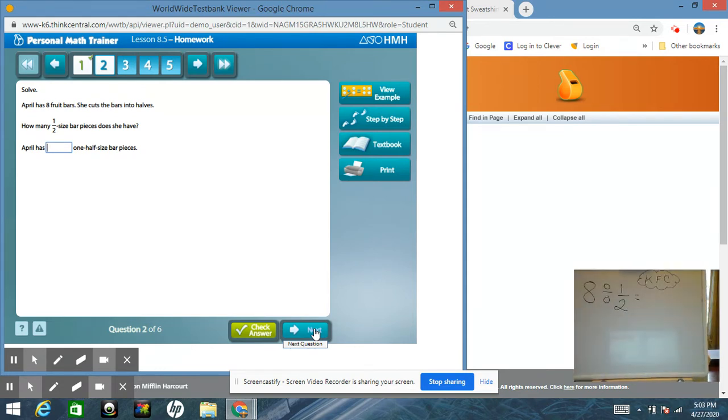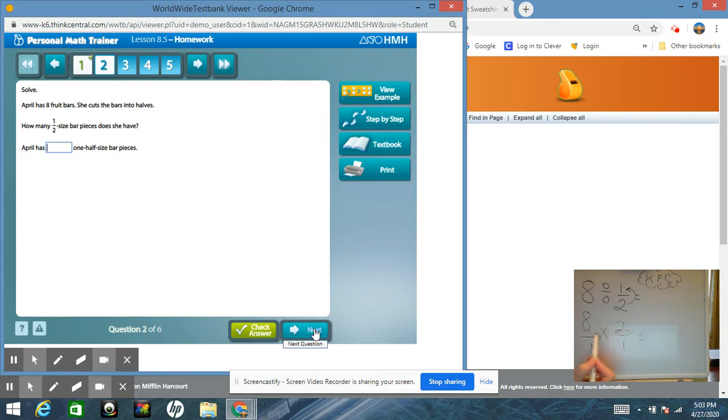Now, us pandas know this thing called KFC. Hopefully, Miss Jasinski taught you that by now. I'm going to keep this first number of 8. I have to flip this second number. The second number is a fraction, which is a half. Flip it upside down. Now it becomes 2/1. That C stands for change. I change the division into multiplication. This whole number, Miss Jasinski taught me, is really over 1.